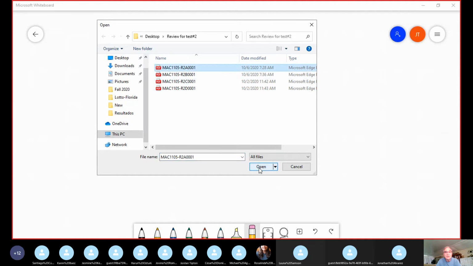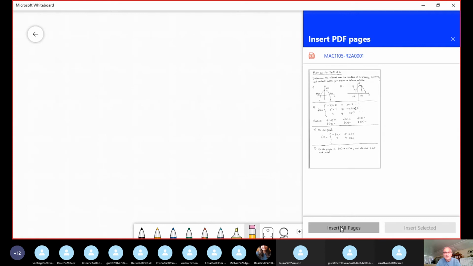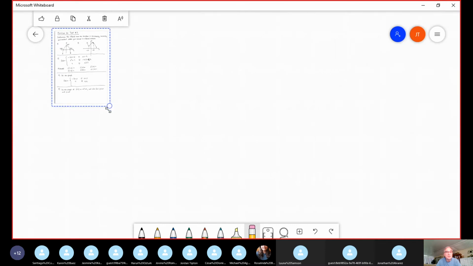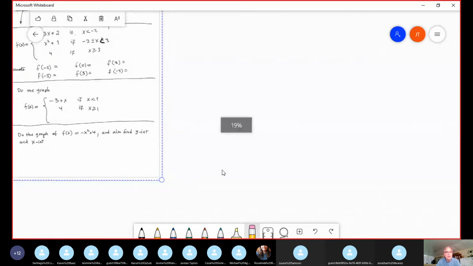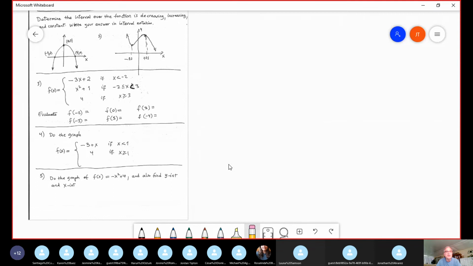This is the first page of the review book. Insert. Okay, let me enlarge. Much better. Oh no, this is my first page of the review book. So perfect, it matches the thing that we study now.